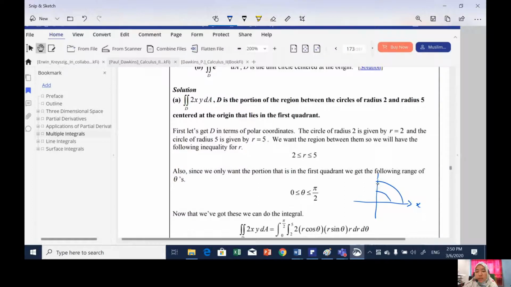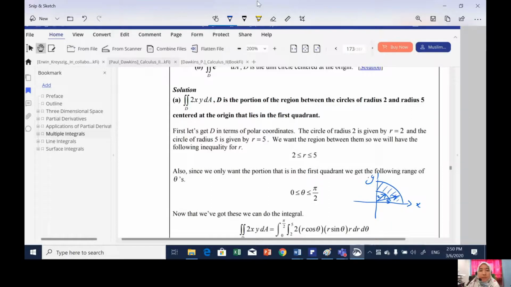Okay, so this is actually the region that we want to find out. This is a semicircle with radius 2, and here is a semicircle with radius 5.